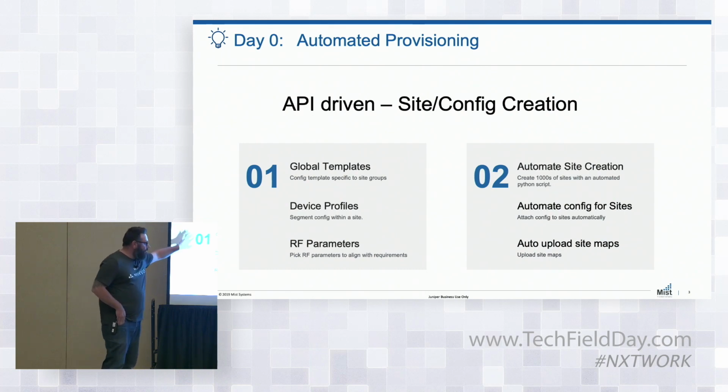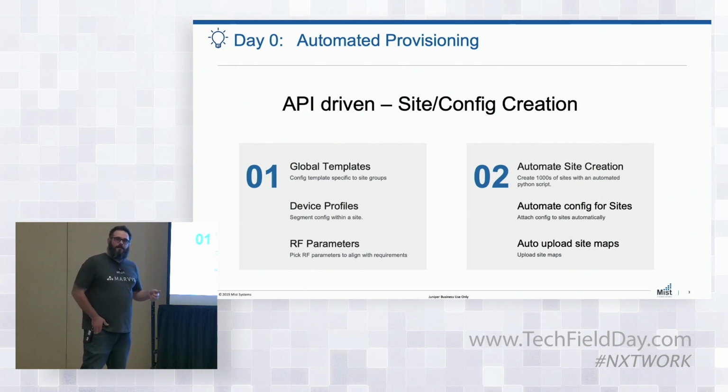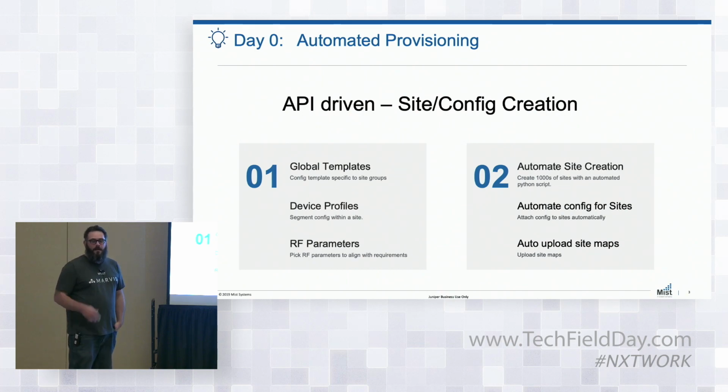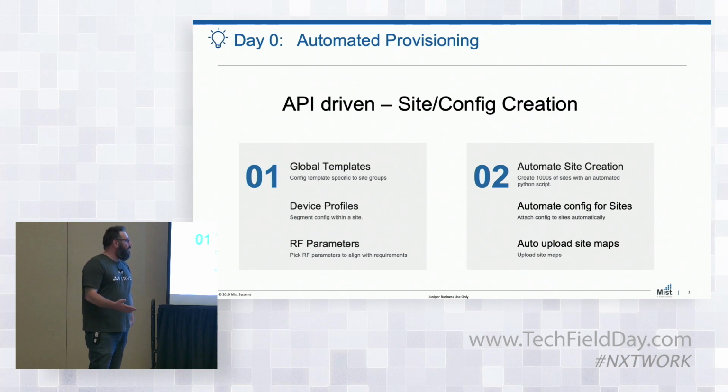So this step, the manual process of creating your RF parameter templates, your device profiles, the global templates, and everything that's going into your sites and controlling your access points, how they're configured. That is a manual process, unfortunately, still. Going on from there, we can automate the rest using our API.